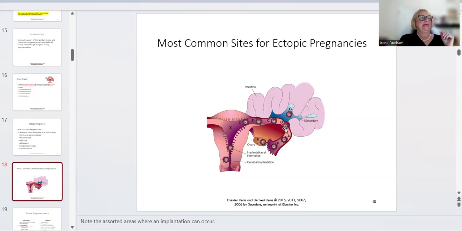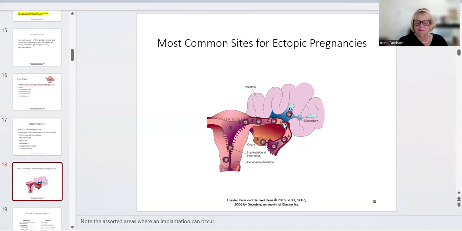And so what your patient will exhibit is pain. She'll call you on the telephone. You may be the triage nurse, and the first question you're going to ask her is, when was your last menstrual cycle? And she tells you, oh, I had it 8 weeks ago. Well, bingo. And where's your pain? Right lower quadrant pain.